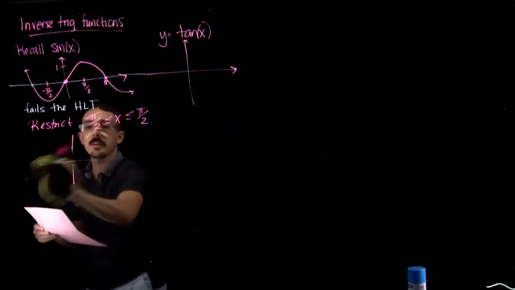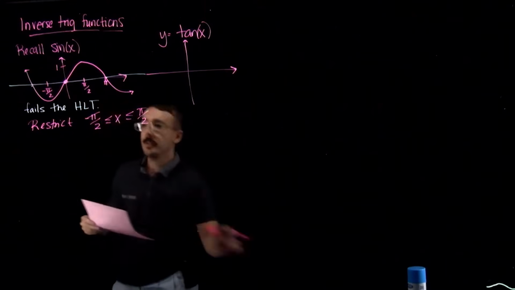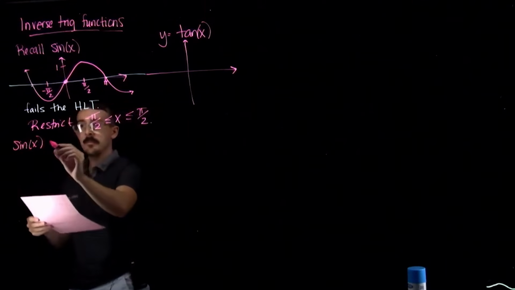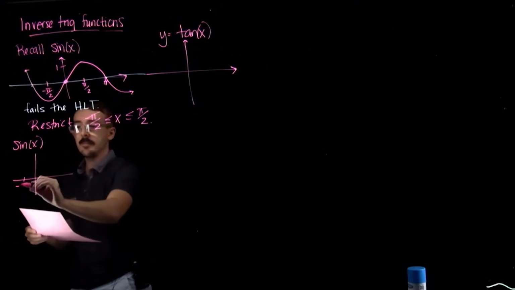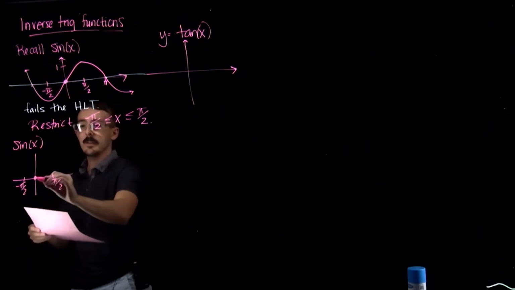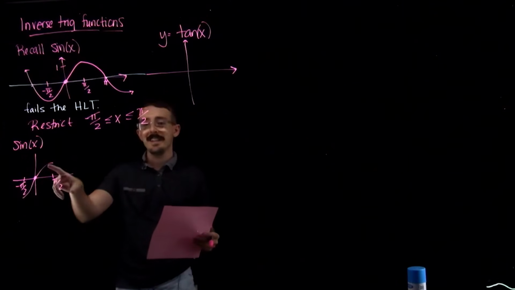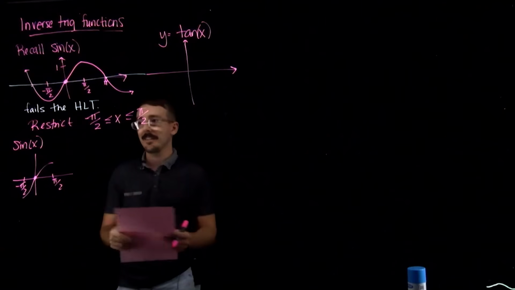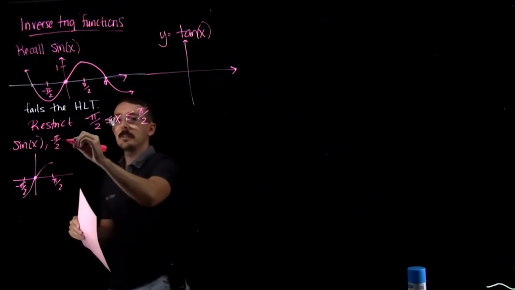Let me move this over here a bit. So this will be the sine of x restricted. So sine of x, it's going to go from negative pi over 2 to pi over 2. It starts at 0 here, it goes up, and it goes down. So it just kind of has this one piece that is strictly increasing from left to right, right? So this is sine of x where you have the restriction.